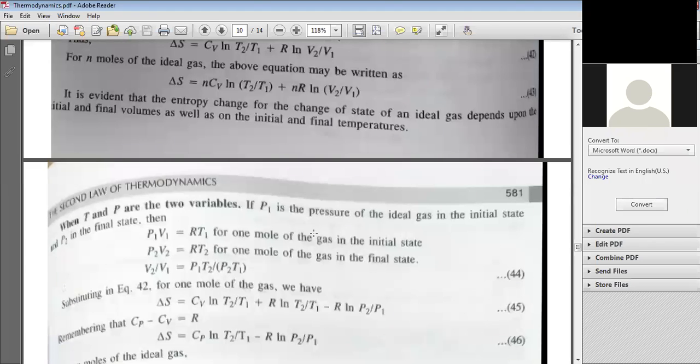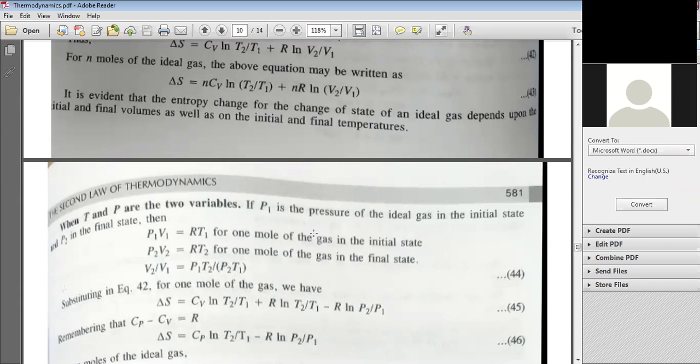Now if we divide P2 V2 upon RT2 by P1 V1 upon RT1, we will have an expression for V2 by V1. By making use of these two relationships, it is quite easy to find an expression for V2 by V1.